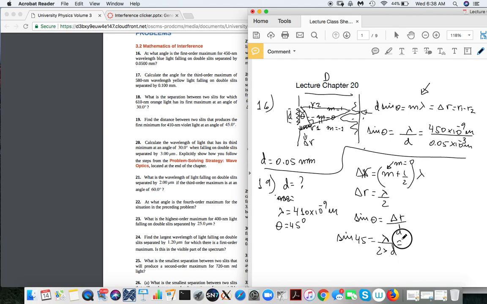Then d is equal to lambda, which is given, 410 times 10 to the minus 9 meters, divided by 2 times sine of 45. Then you can find your d. Okay. What else?